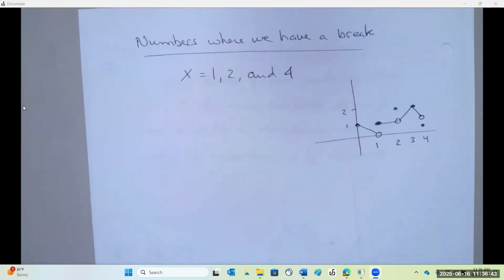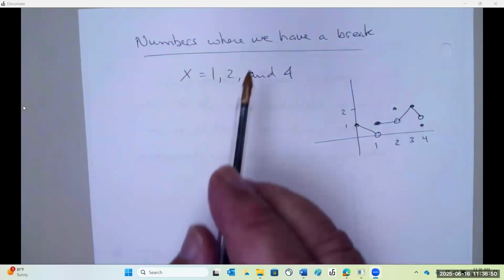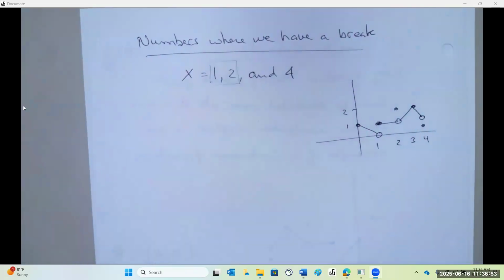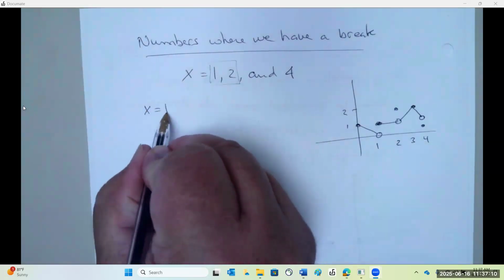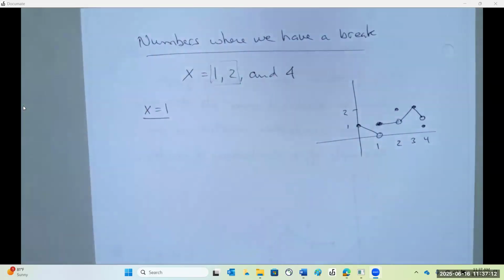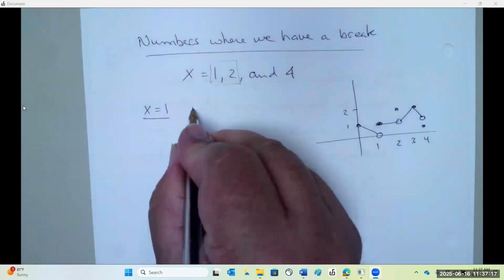So what do we know at 1? Again, 1 and 2 are called interior points. Why are they called interior points? Because they're inside the domain. 4 is not an interior point because it's one of the boundary points. So let's look at x equals 1. What happens there? It's a jump discontinuity.